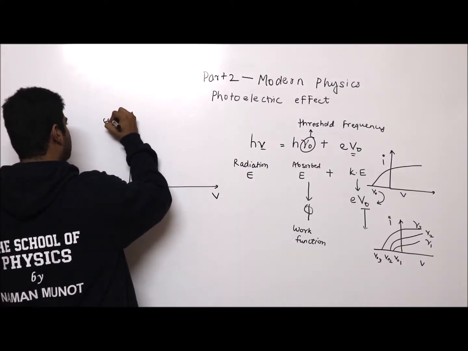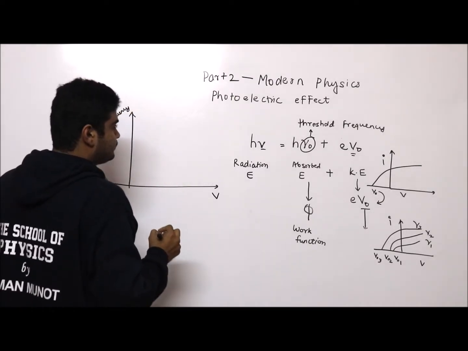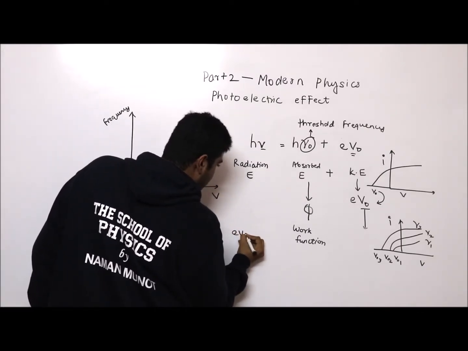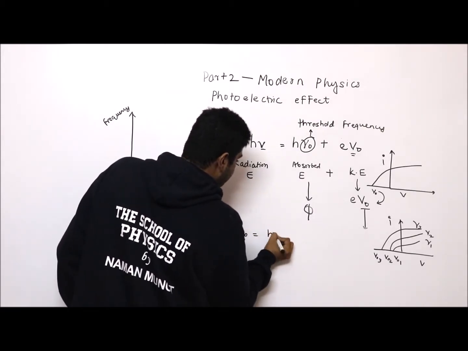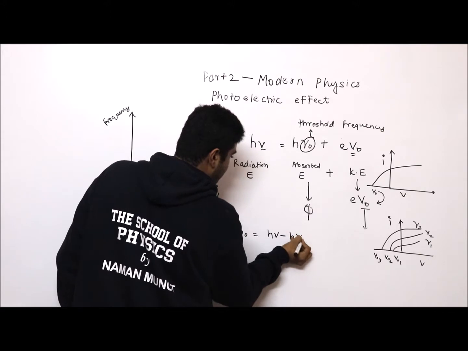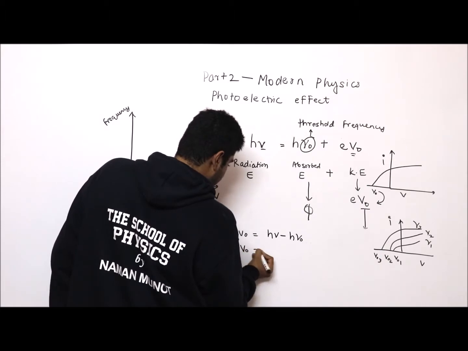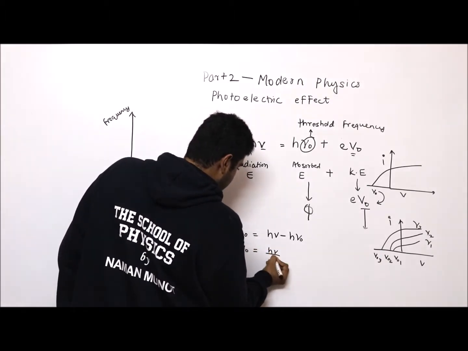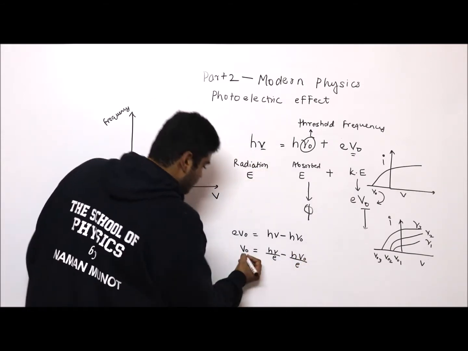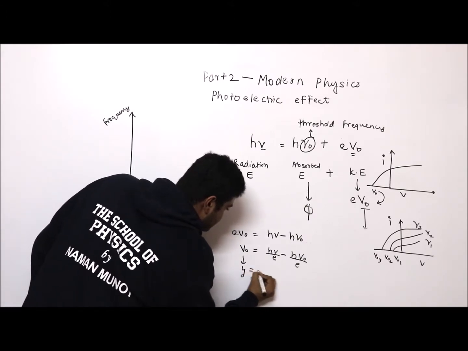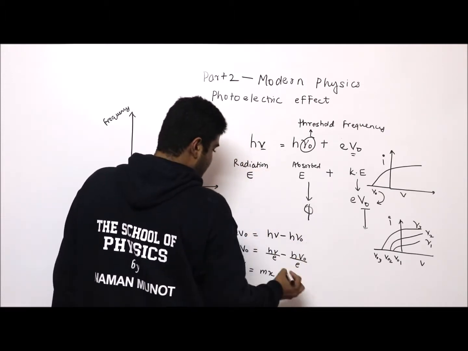So e V naught will become equal to h mu minus h mu naught, and so we can write V naught is equal to h mu by e minus h mu naught by e. Since this is of the form y equals m x plus c, this is the intercept.